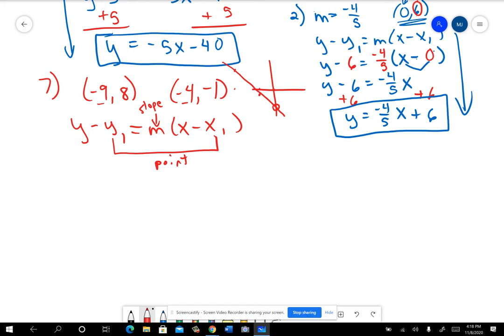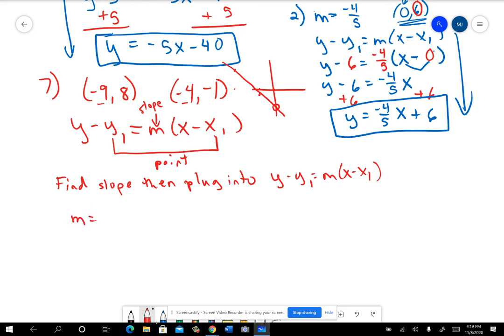So why don't we just find the slope, then plug into the y minus y1 equals m times x minus x1, okay? So that's what I'm going to do. So I'm going to start with finding the slope, okay?